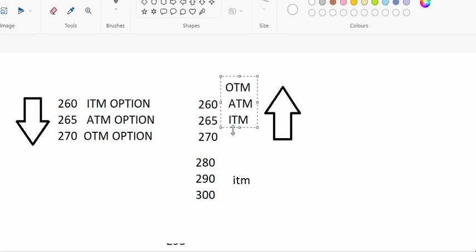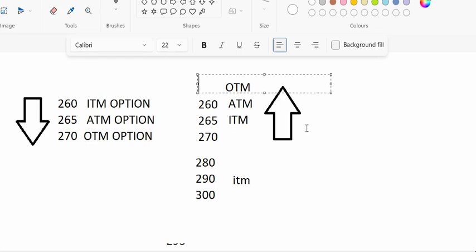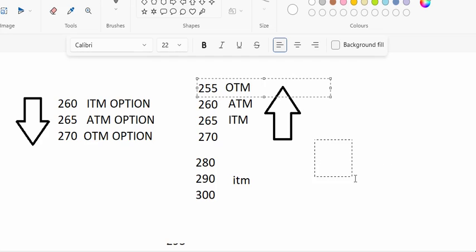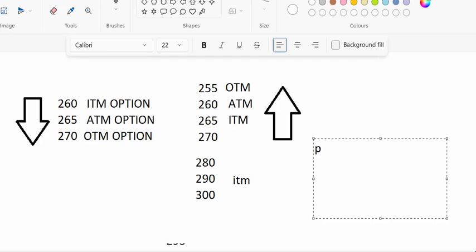265 will be in the money option, and let's say the out of the money will be nothing but 255 and below. Everything will be out of the money. I hope you get this point. We will write here put side, and similarly it works on the call side.